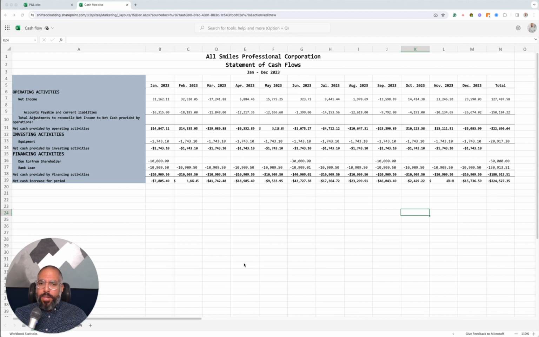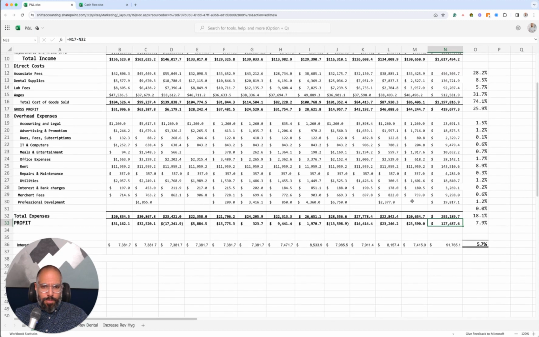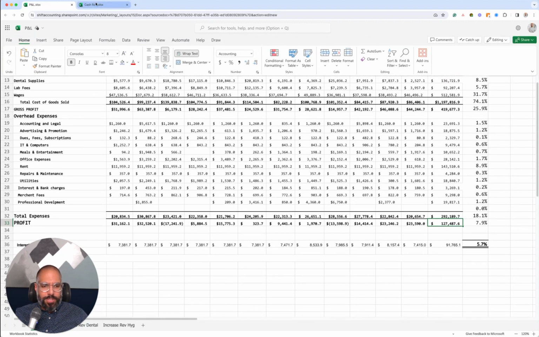Okay. So in this report, again, it's a continuation of what we've been working on. Okay. So in this example, this hypothetical clinic generated $127,000 of net income. Okay, where did we get that number from? That number came from this report, and that's why I was referencing the other video.